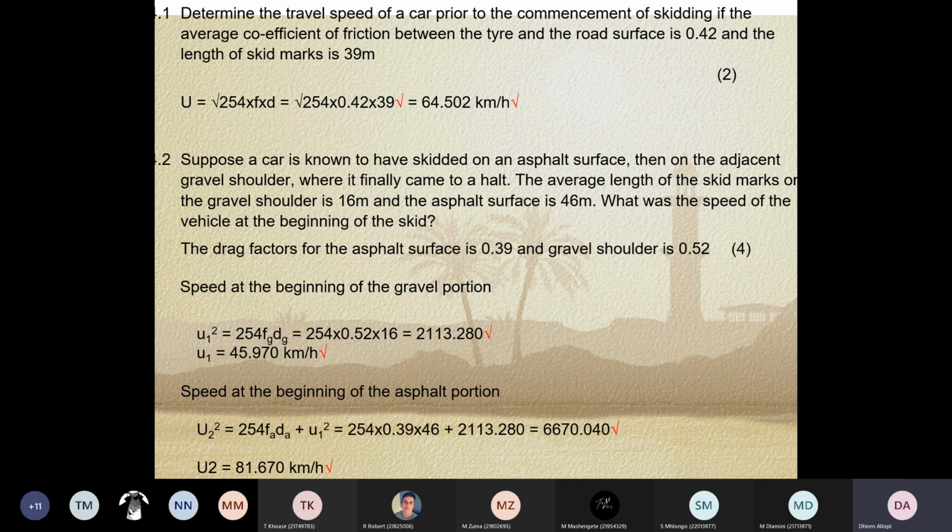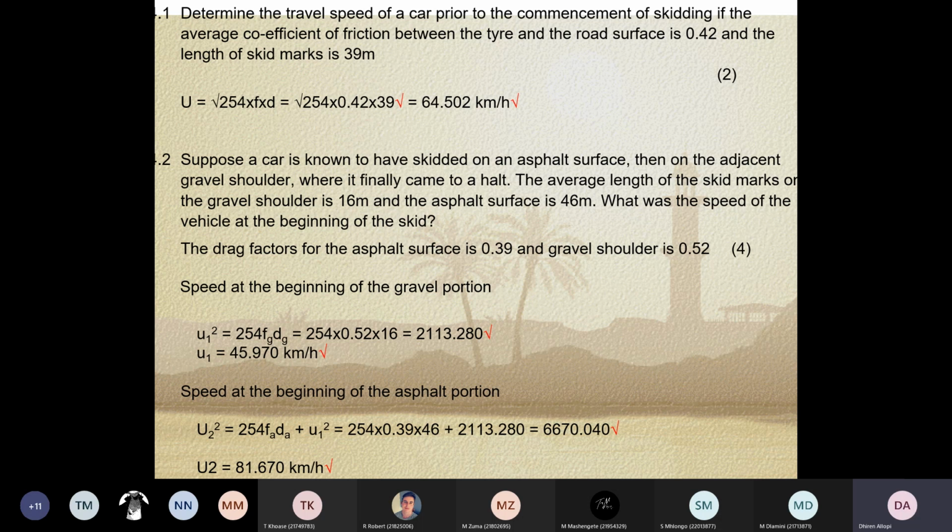So firstly, the speed at the beginning of the gravel portion, application of the formula: u1 squared is equal to 254 Fg, that's the frictional coefficient or drag factor on the gravel surface, multiplied by dg. Okay, that's your distance of the skid mark on the gravel shoulder.